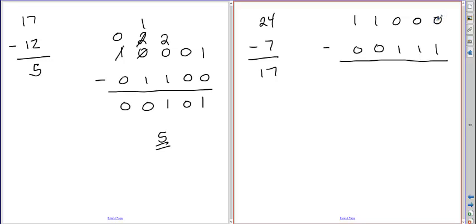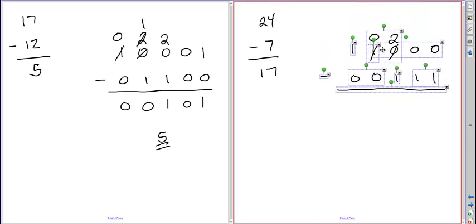Okay, well you can see I've got a problem. So I'm going to have to go all the way over here, borrow 1 from this column, which becomes 2 in this column. Again, I forgot to move this down. That's what happens when you get old. Okay, so we borrowed 2, borrowed 1, became 2.